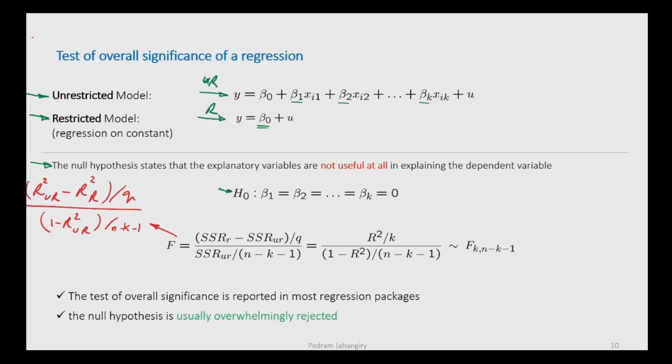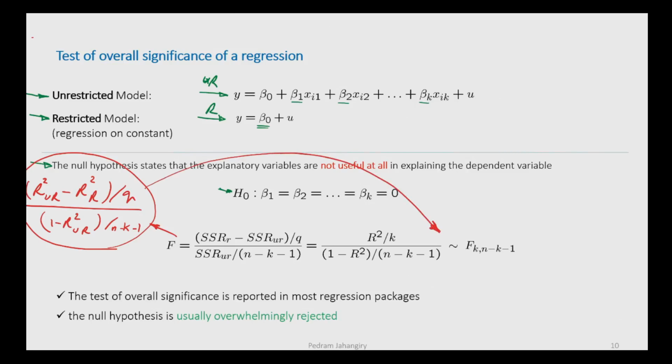Okay, so this is the R squared version. And intuitively, it makes sense. If you go back to the Venn diagram, you know what we are doing. We either compare the R squared of the restricted and unrestricted, or compare the SSR, sum of squares of residuals, for the restricted versus unrestricted model. Okay, so if I start with this equation for the overall significance, I can simplify it even more.